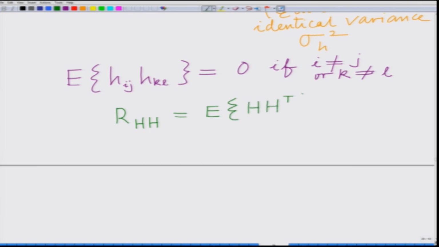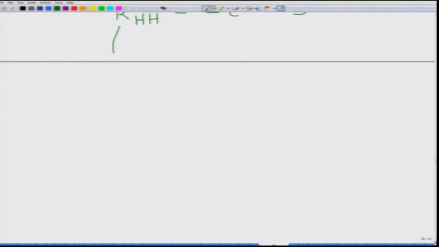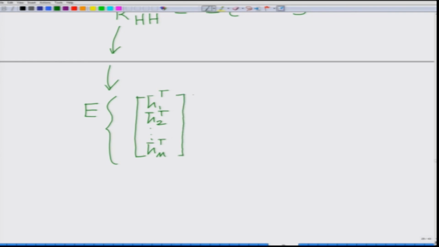H transpose H, which I can write as R_HH. Remember, this is your matrix H: H1 bar transpose, H2 bar transpose, so on up to HM bar transpose, times H1 bar, H2 bar, so on up to HM bar.